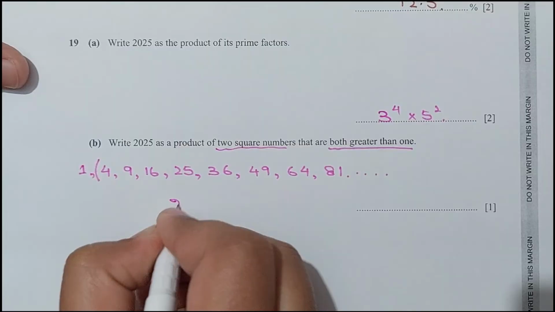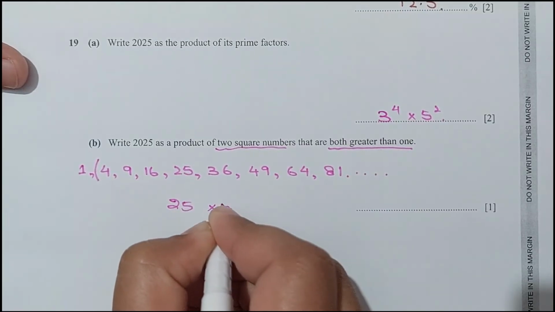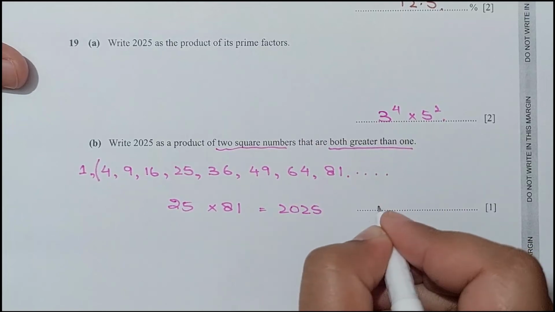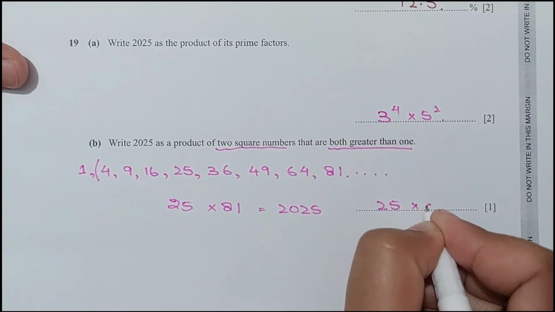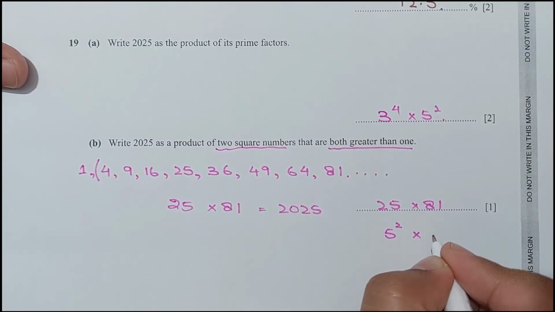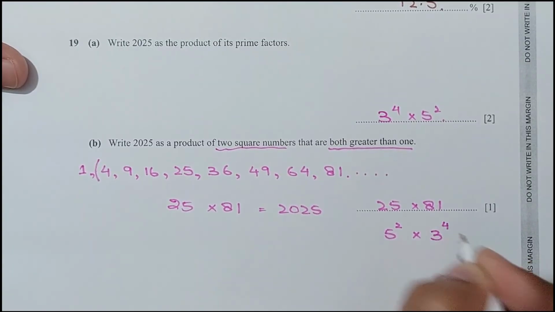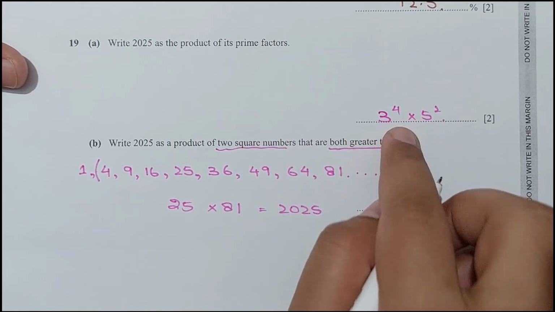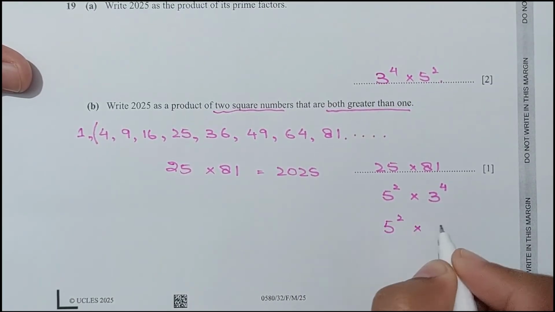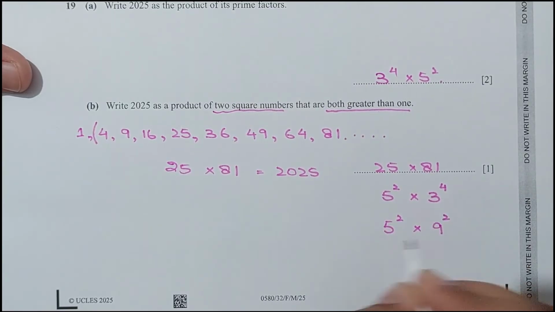Yes, 25 times 81 is 2025, and these two are the square numbers. 25 times 81: 5 square times 3 to the power 4, which is 81. The hint is 5 square, and 81 is 9 square, the product of two square numbers.